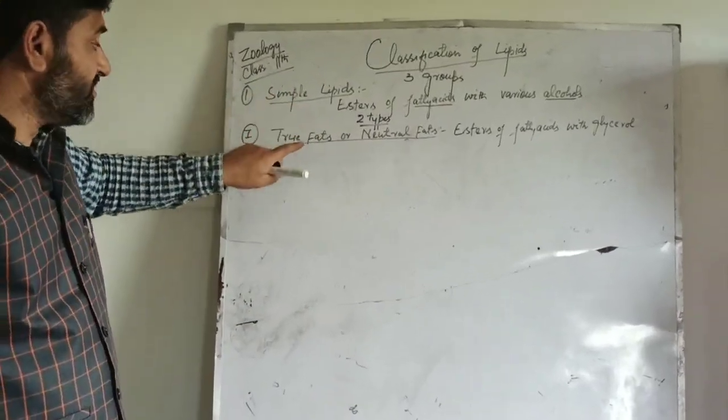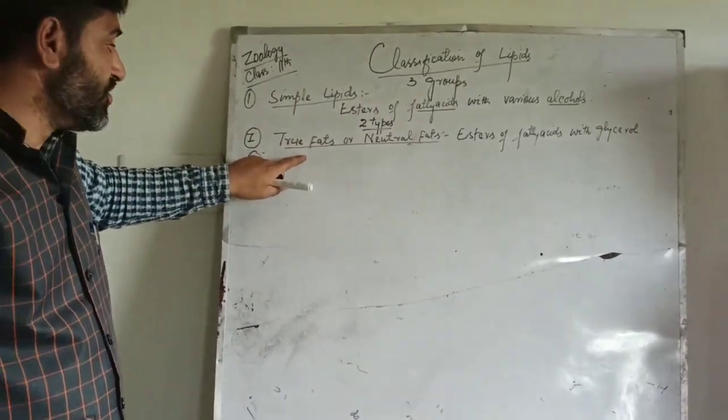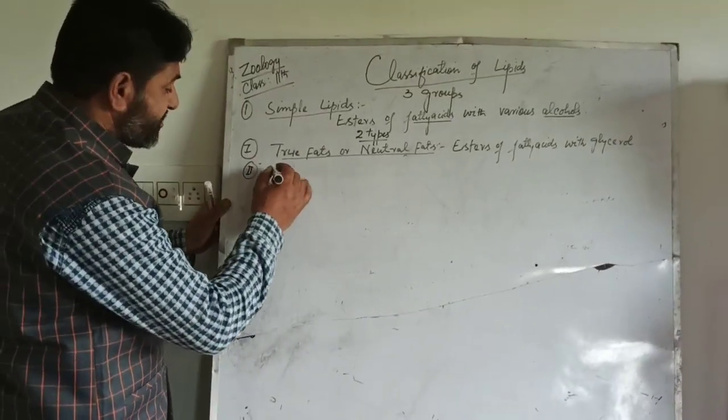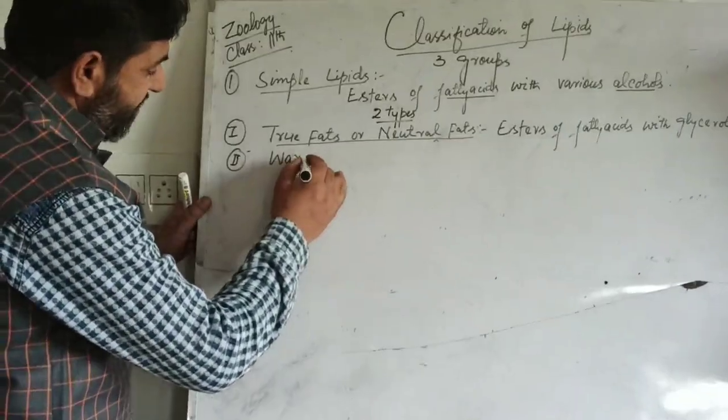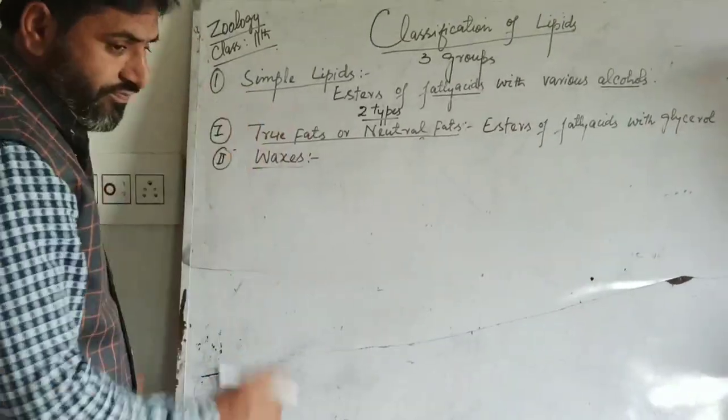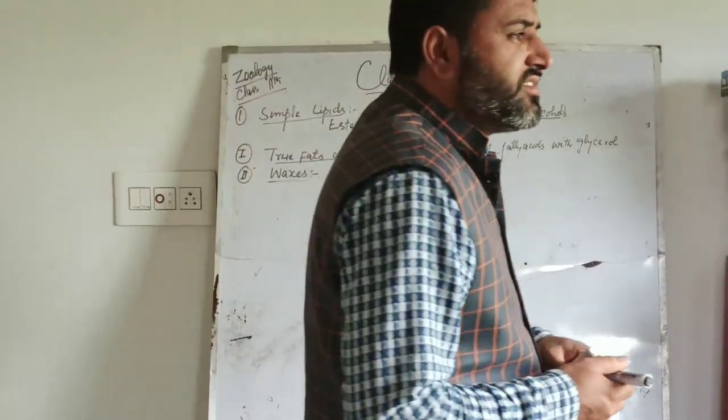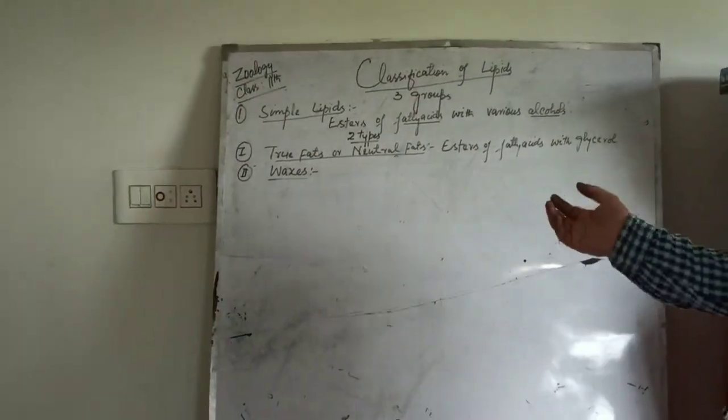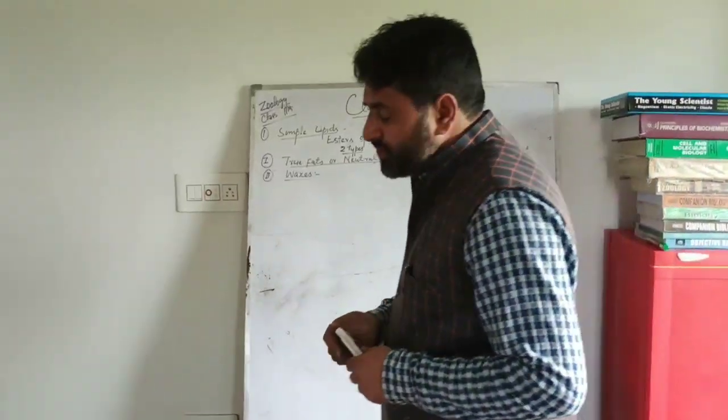Lipids. Simple lipids are of 2 types. One is neutral fats, true fats. Second is waxes. So waxes are simple lipids. So what are these waxes?